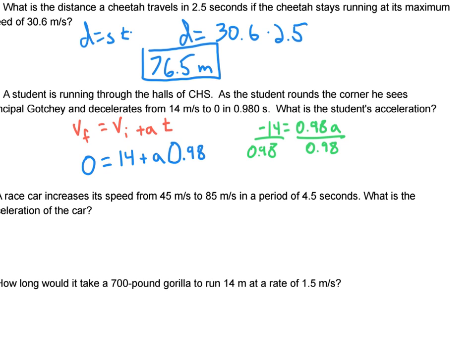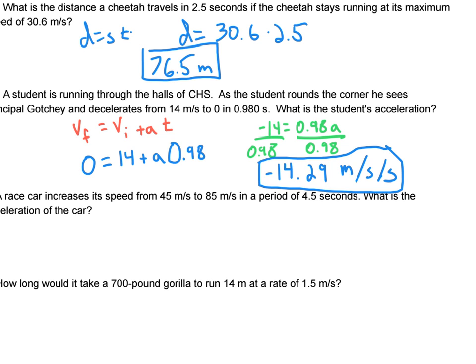And we get negative 14.29. And then this is an acceleration, so be very careful with the units. It's going to be meters per second squared. So that's some pretty serious acceleration. That's about 1.5 g-forces to bring themselves to a stop so quickly.